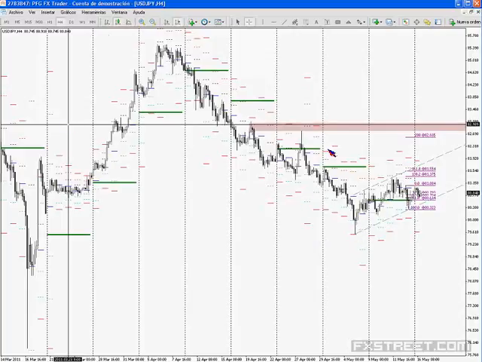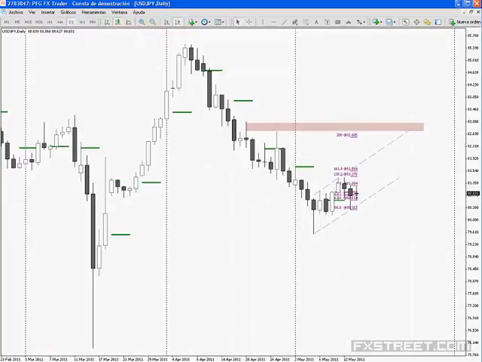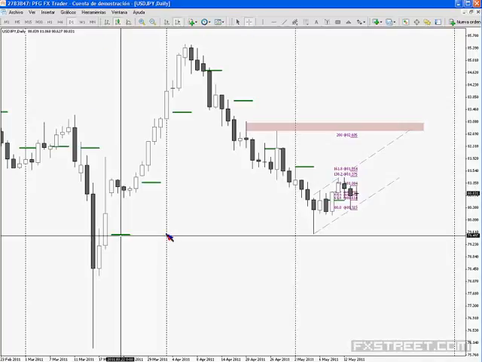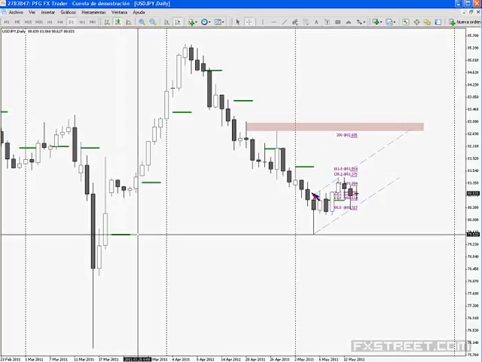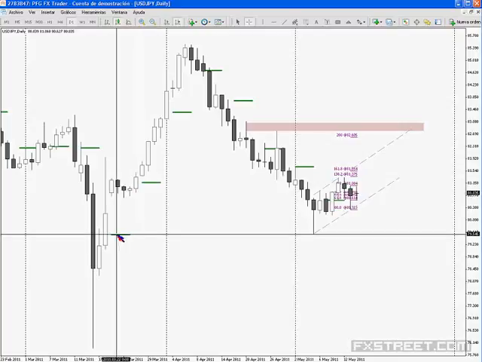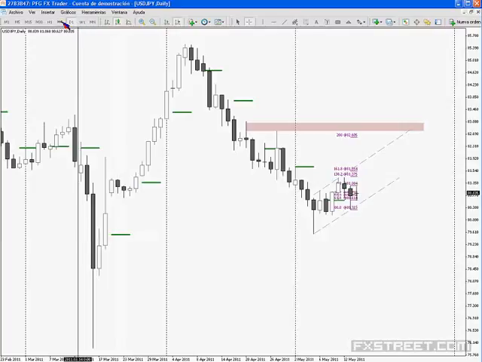So that hammer here at the start of the channel, as well as the hammer line on the daily, went down to pick up that demand located here. We have also a coincidental confluence here between the low of that hammer and that weekly pivot level from end of March, last week of March.